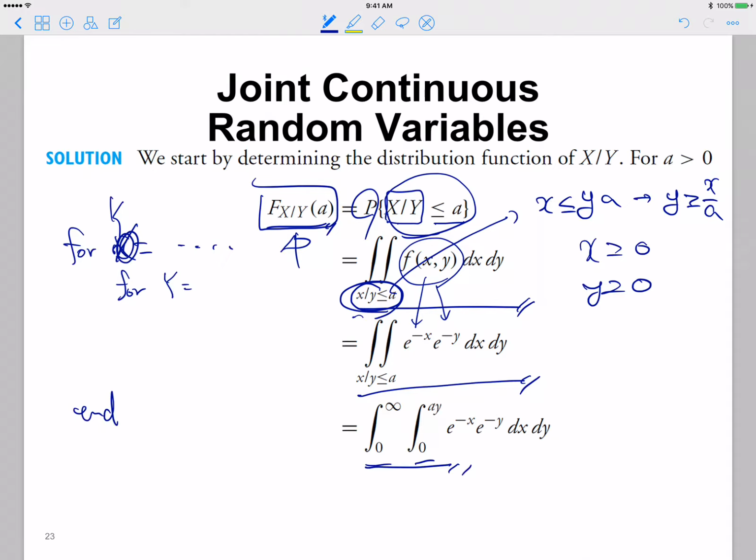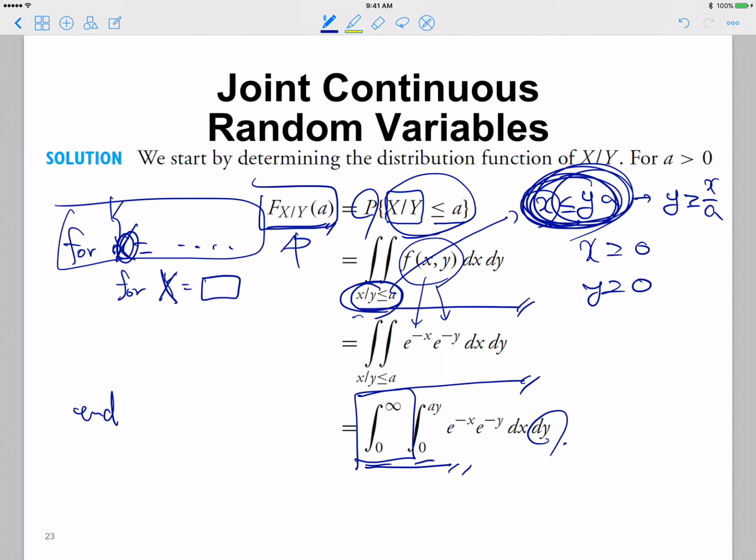We consider all the possible y values, and for a particular y value, what is the x value that we need to satisfy this? So this integral corresponding to y corresponds to this for loop, and this corresponds to this.